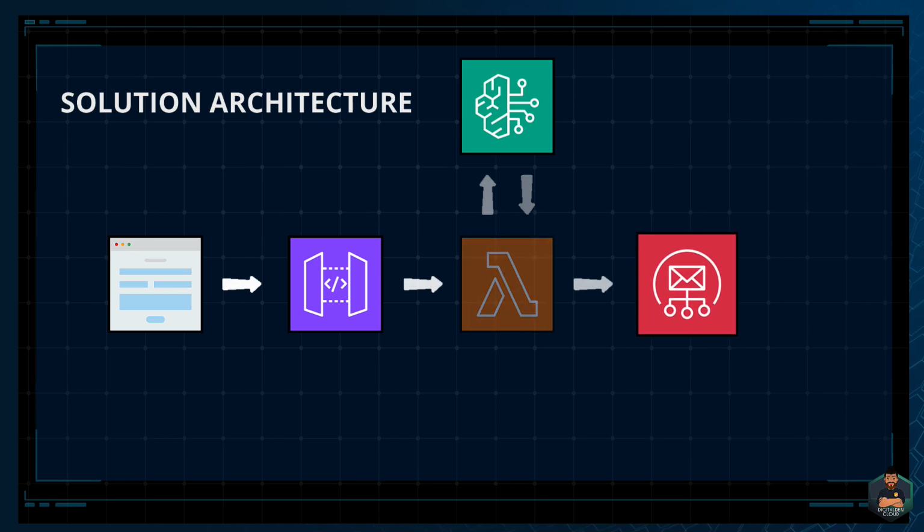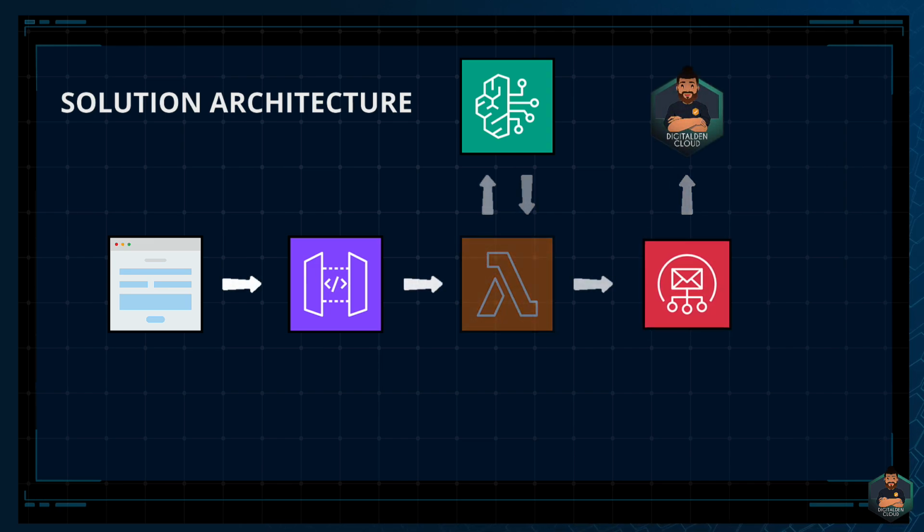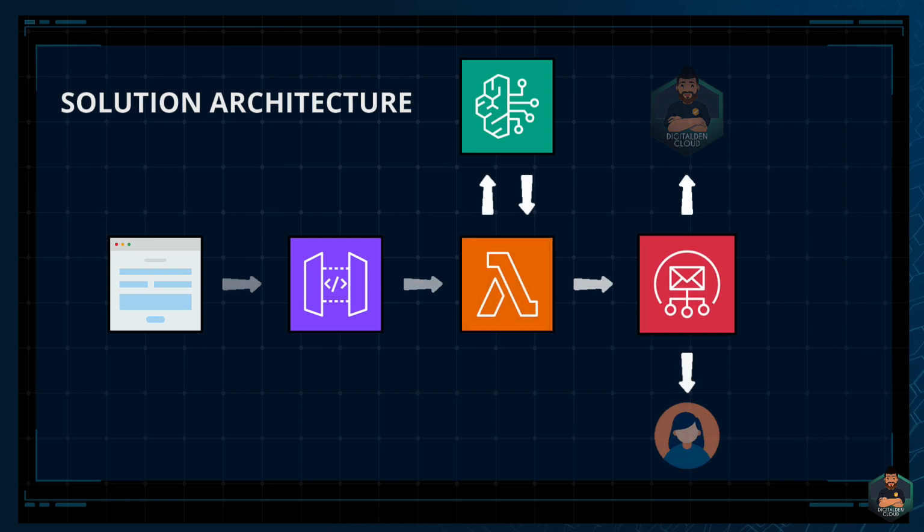Now, Amazon Simple Email Service handles the email delivery. It sends a notification email to you, the website owner, and it sends a confirmation email, including the inspirational quote, to a third-party mail service, which then delivers the confirmation email to the website visitor.